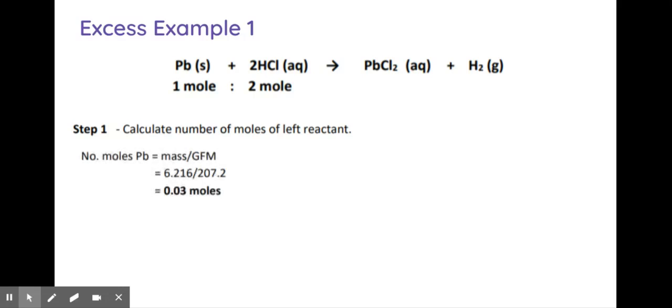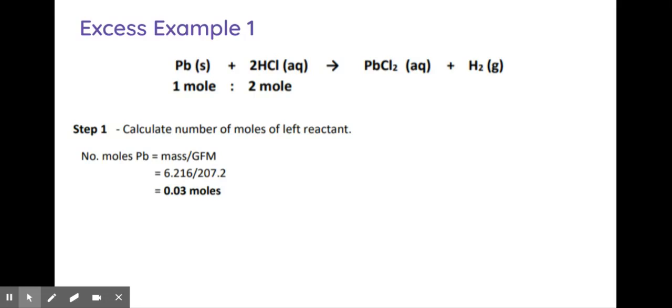In the question it told us that the mass of lead we had was 6.216 grams. To calculate the number of moles, we would do the mass divided by the GFM. The gram formula mass of lead is 207.2. If you work that out, you end up with 0.03 moles of lead.